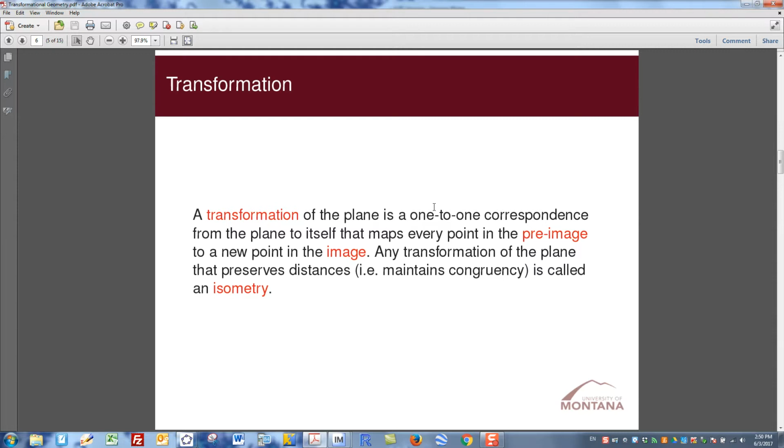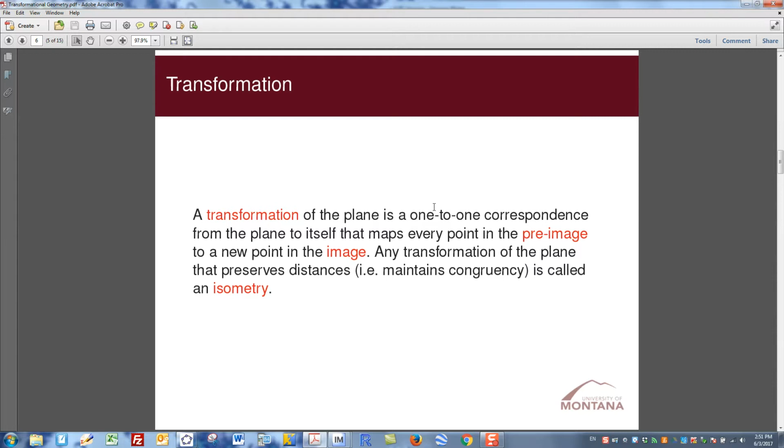They don't see it as everything in the plane moving according to a certain rule. So I thought it'd be worth talking about the big umbrella term here, which is transformation: this idea that everything in the plane moves according to a rule.